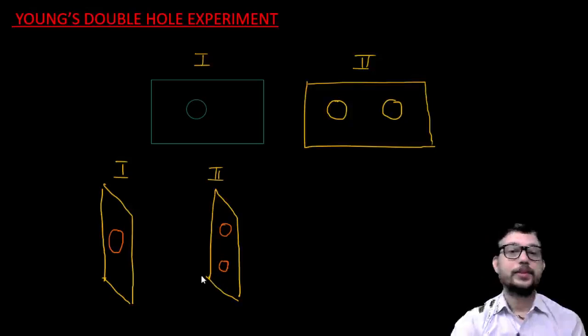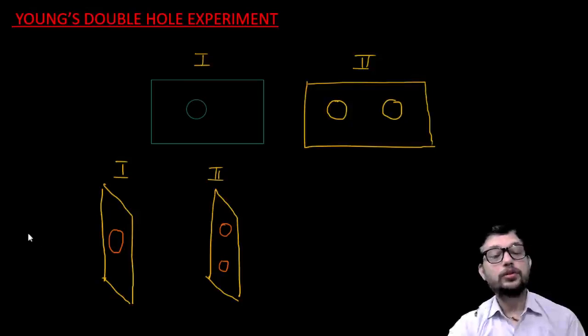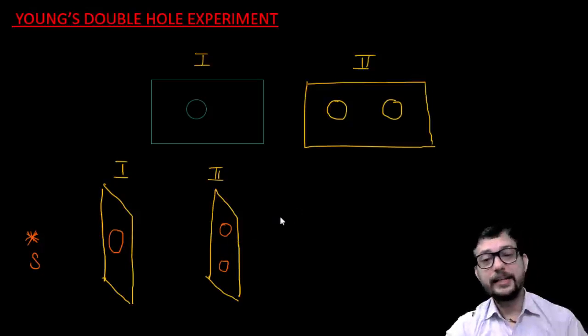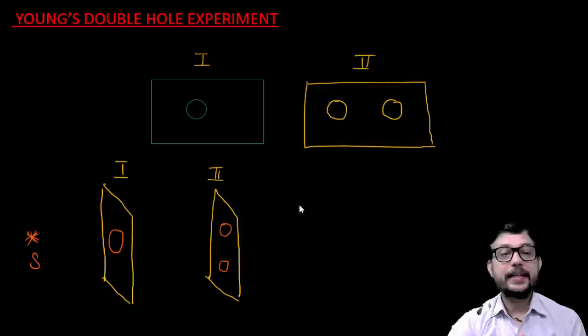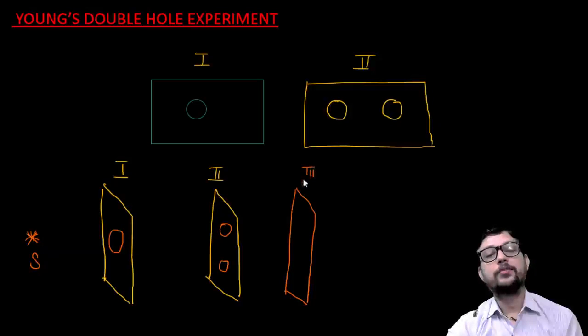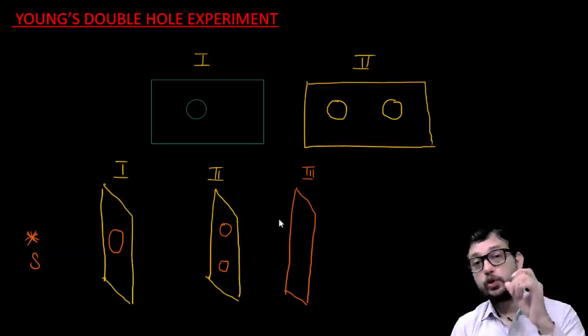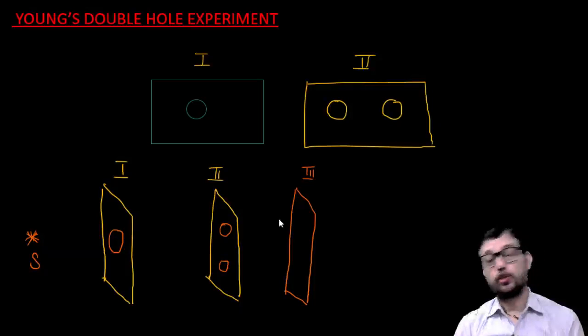In front of the first cardboard he placed a light source, and after the second cardboard he placed another cardboard, the third cardboard. Then he saw a unique pattern.